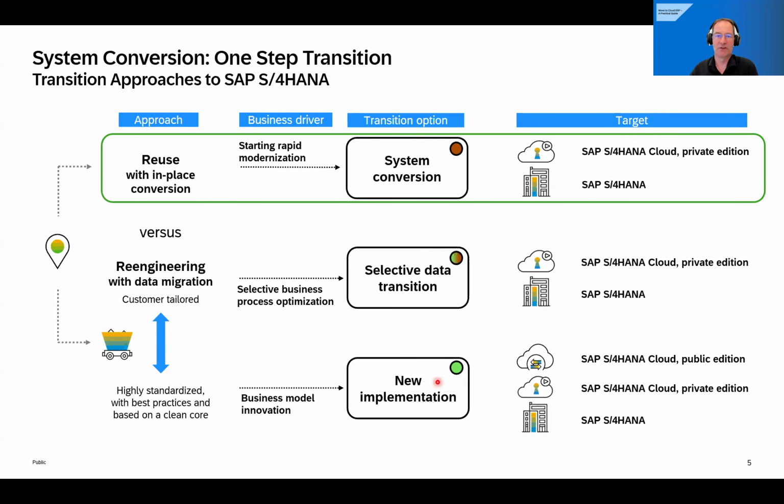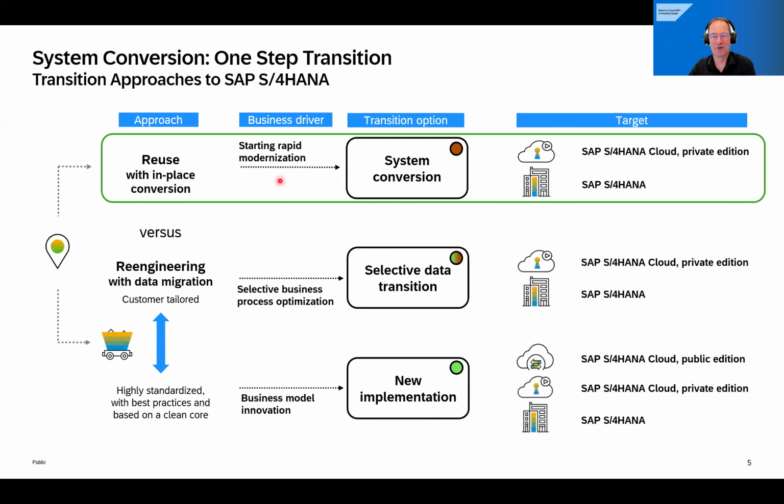Those are usually the 3 scenarios listed. And you see as a target for a system conversion, it is either SAP S/4HANA, which means somehow the on-premise version, or SAP S/4HANA Cloud Private Edition. It's an approach where we reuse the source system, the data, and part of the customizing, and it allows us to start a rapid modernization into the new world of SAP S/4HANA.